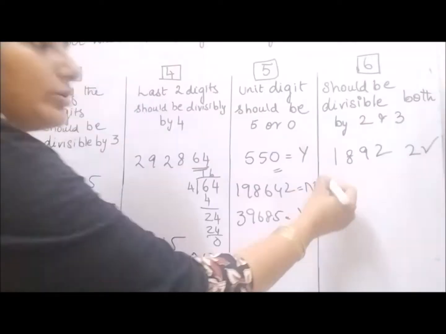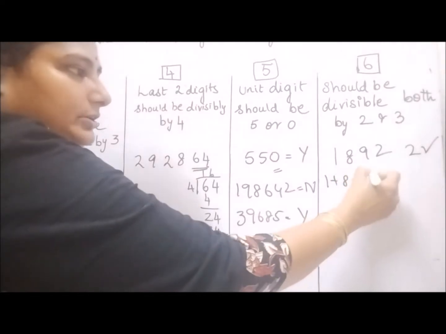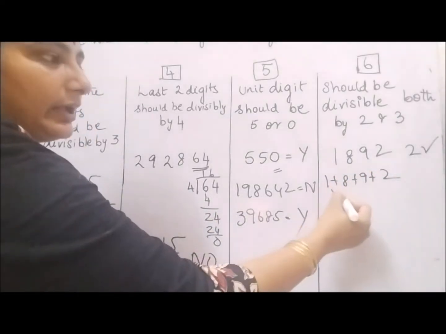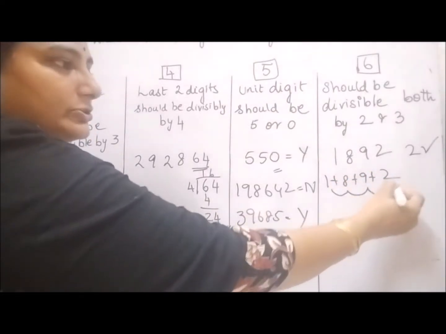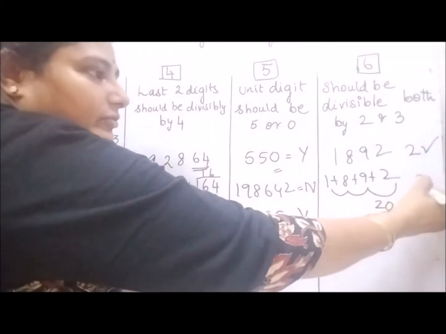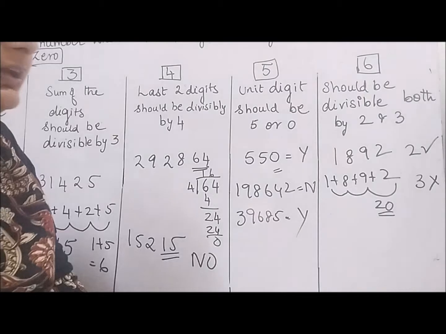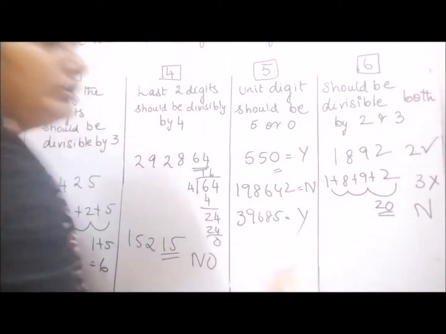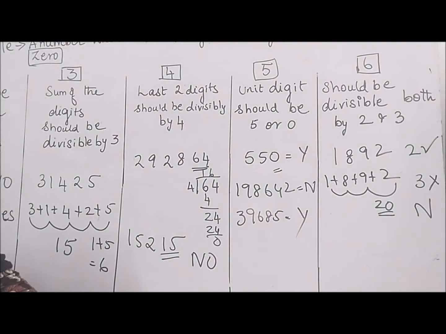Rule of 3 is 1 plus 8 plus 9 plus 2. 9 plus 9, 18 plus 2, 20. Is 20 divisible by 3, that means does it come in the 3 tables? No. That means for 3 the rule doesn't apply. So it is not divisible by 6.